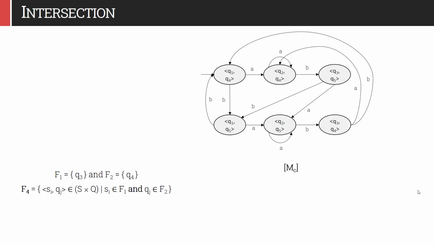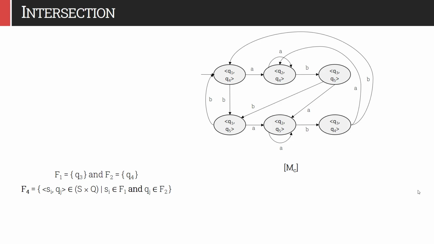Let us consider the intersection. To construct the equivalent machine which computes the intersection of the languages produced by M1 and M2, we have to mark only those states in MC as final states in which Si is also a final state and Qj is also a final state. So if we look at that, Q3 is a final state in F1, Q4 is a final state in F2.